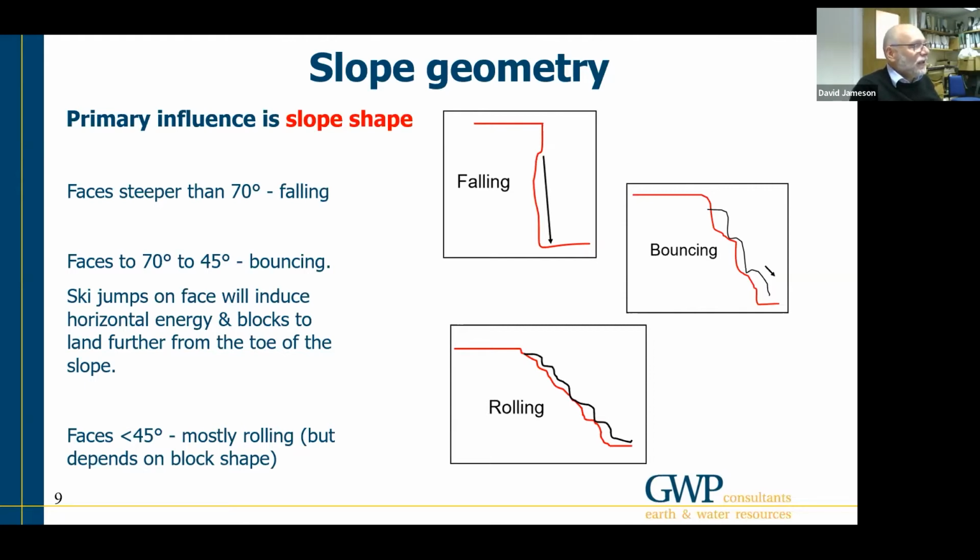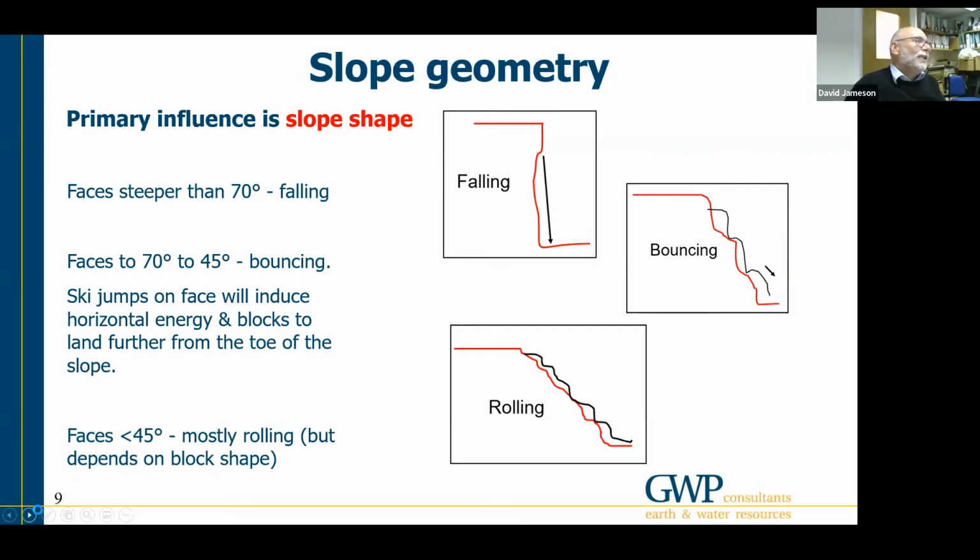For faces which are less than about 45 degrees, you mostly get a rolling type of rockfall generated, and the amount of kick out from the slope itself often depends on rock shape. Tabular type blocks, which can end up rolling end on end, can go much further than simple round, generally equi-sized blocks.